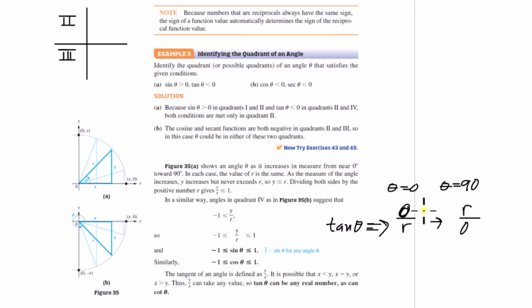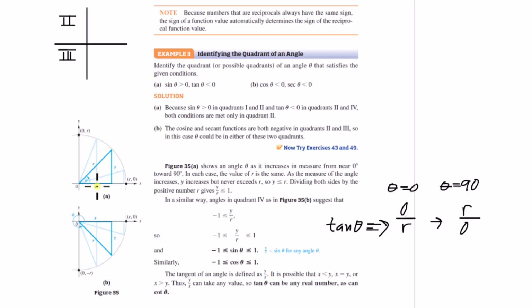Well, you can see that you're going from 0 to positive infinity. So going from 0 to 90, you can get any value out of tangent, any positive value, or 0.